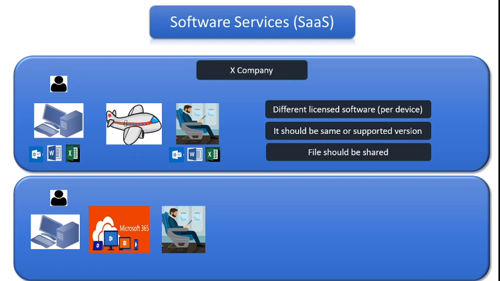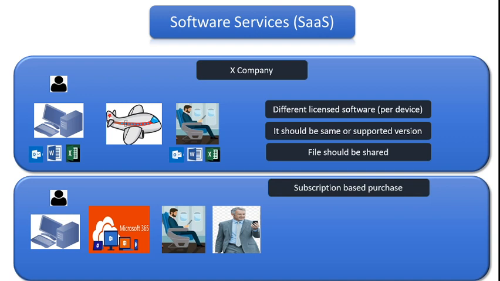This is not license based, but based on subscription. So the same user can access his file, can access the latest version of Microsoft Word, Microsoft Outlook on any of the devices, irrespective of the license key, because there is no license key needed in case of software as a service, because it is subscription based.